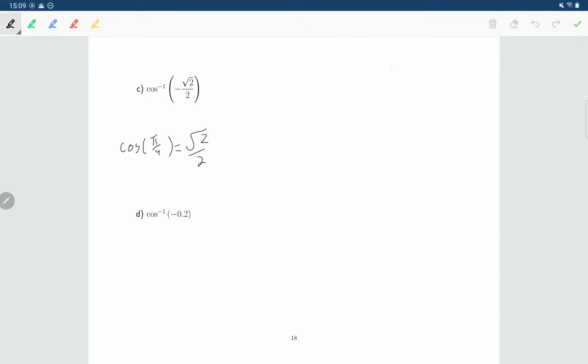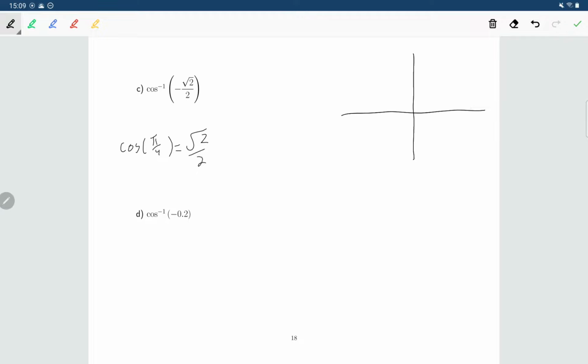Remember that cosine inverse only gives us output between 0 and pi. Between 0 and pi over 2, that's where cosine is positive. Between pi over 2 and pi, that's where cosine is negative. So we're somewhere in quadrant 2. And in fact, we can do better than that.